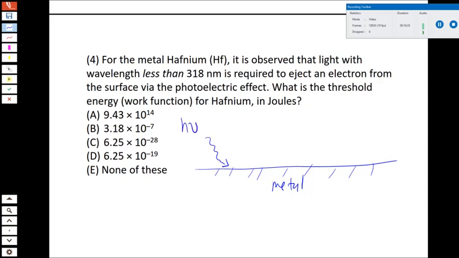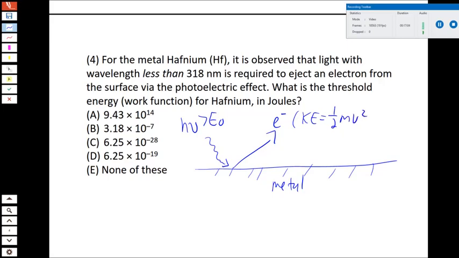And if that energy, the product of h and nu, is greater than E0, which is our threshold energy or work function, we will get electrons ejected from the surface. Depending on what the exact energy of the photon is, as long as it's bigger than the threshold energy, it will eject electrons, and how big that photon energy is will determine the kinetic energy of the ejected electron in excess of that threshold energy.